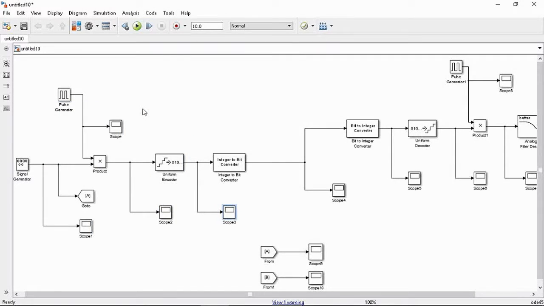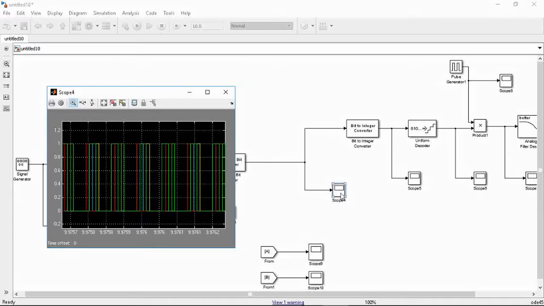After that, the encoder will pass through the integer converter, and the graph is like this. It is the encoded PCM. I will pass the output part to my partner.